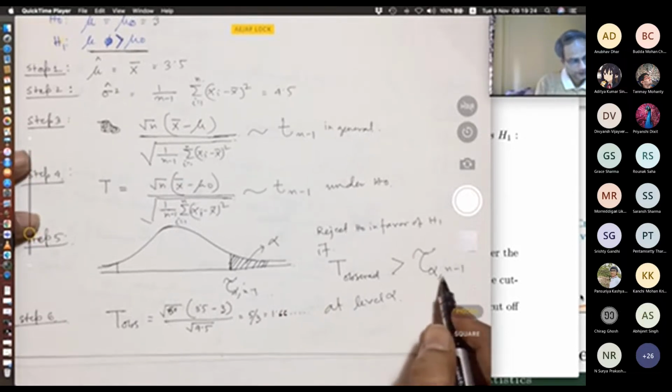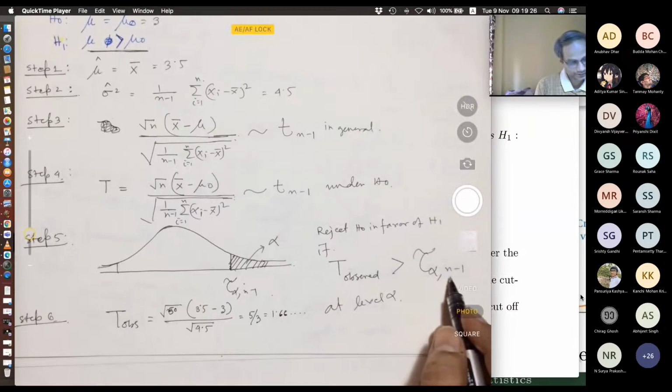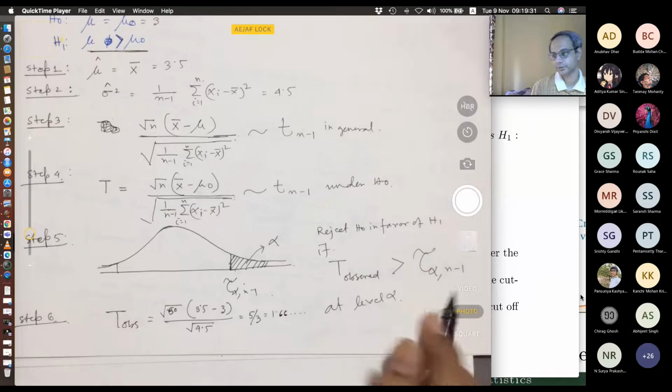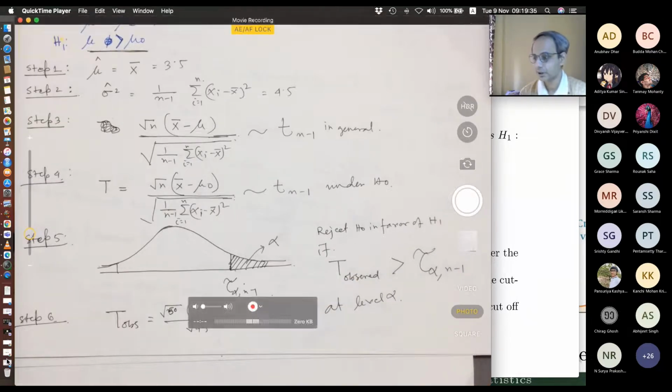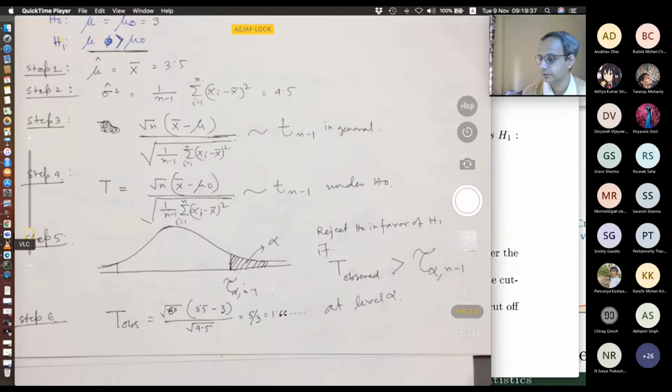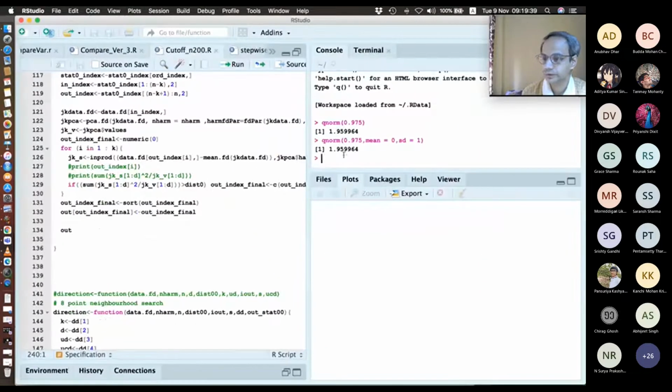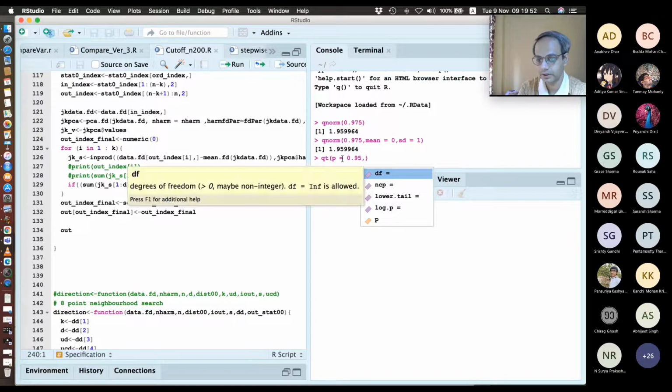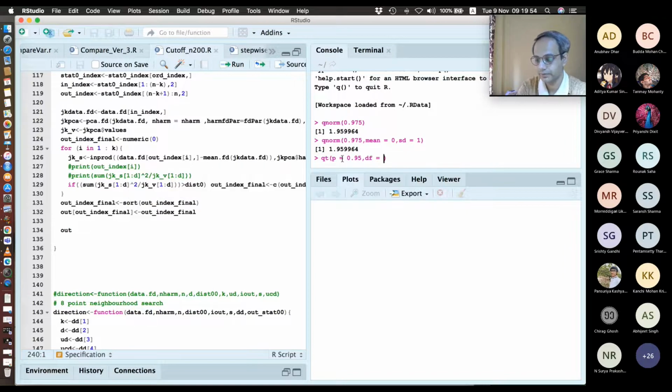Okay. And t alpha, n minus 1. How much? Probability 0.95, degrees of freedom 49.